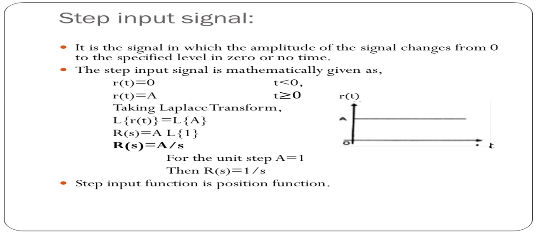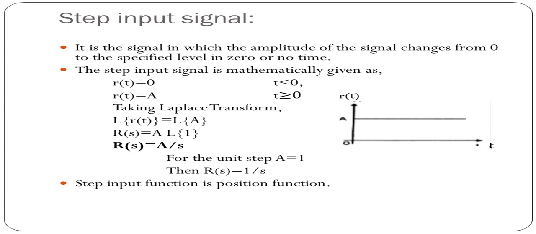First, we will see step input signal. It is shown in the diagram. You can see it is the graph of the input versus the time, and the step input signal is the constant signal. So let us see the definition. It is the signal in which the amplitude of the signal changes from 0 to the specified level in 0 or no time.